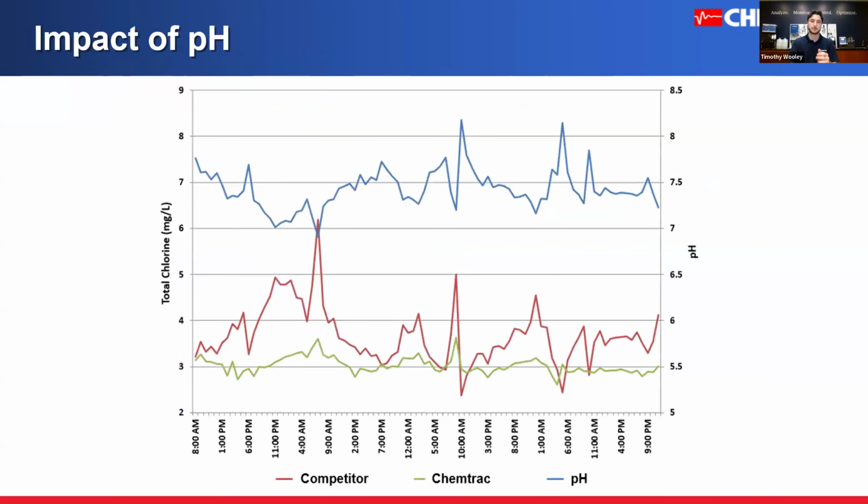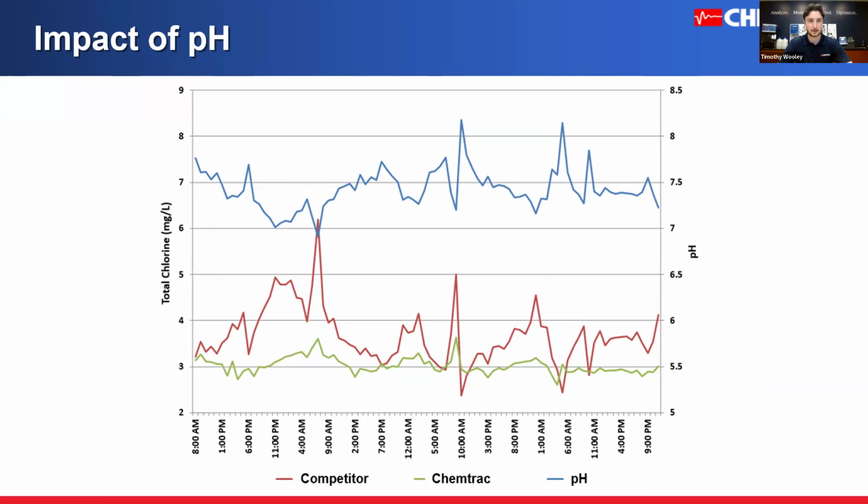This next graph I'm showing you kind of shows what those fluctuations in pH do when picked up by a chlorine probe. On the top here, this blue line represents the incoming pH picked up by a probe, and you'll see the time as it moves across the bottom. And when this pH spikes, it results in an inverse reaction of the chlorine probe. This red line here is a competitor non-buffered electrolyte, showing you how when pH dips, you see a spike in the response from chlorine.